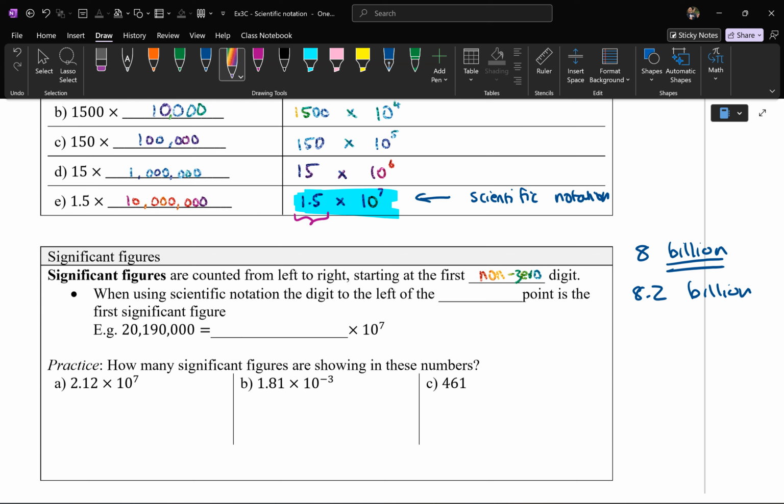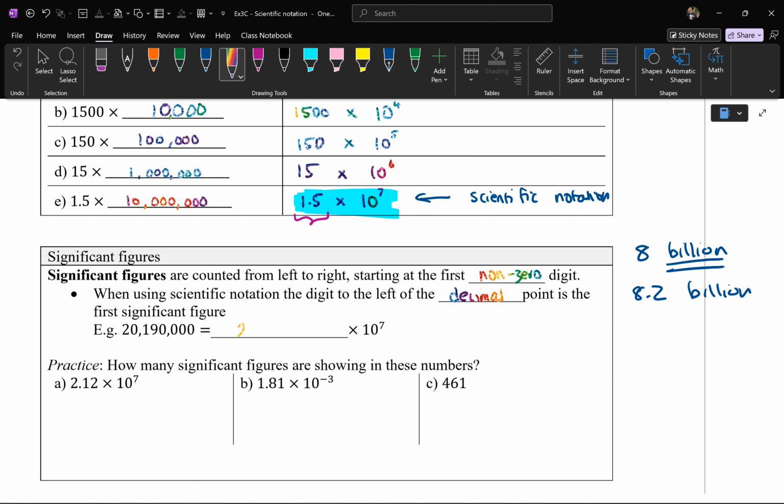So when using scientific notation, the digit to the left of the decimal point is the first significant figure. So for example, you currently have this number here, 20,190,000. Okay? If I wanted to round this to the first significant figure, that would be 2.019.